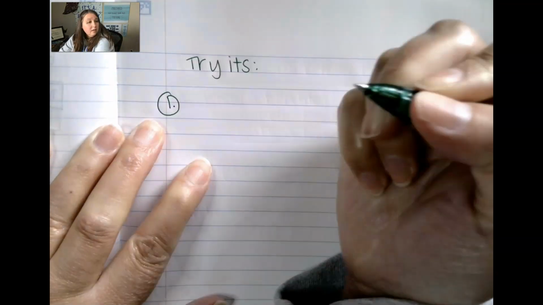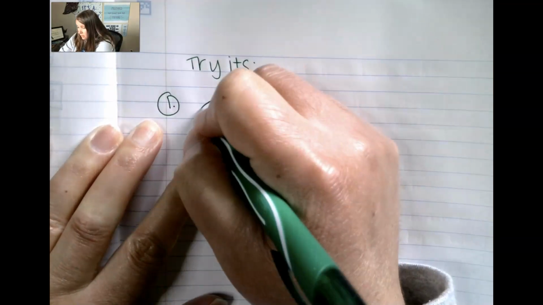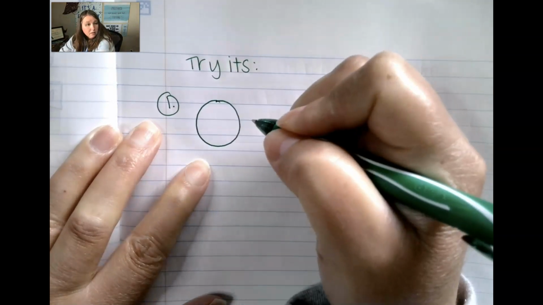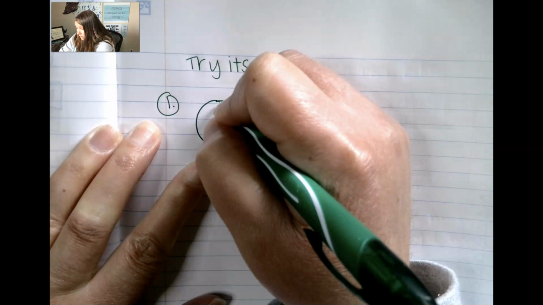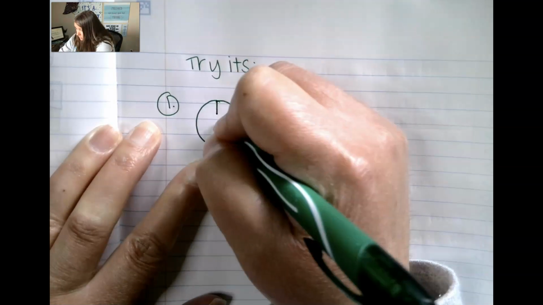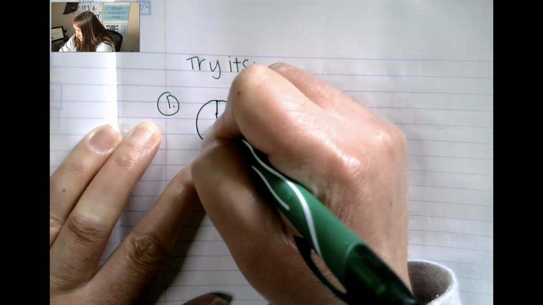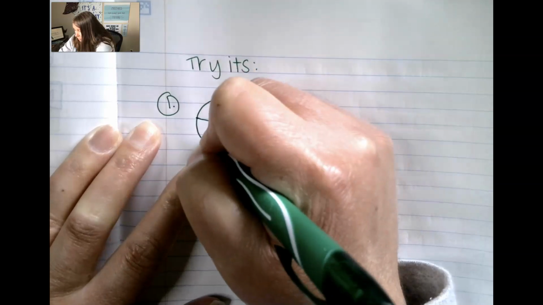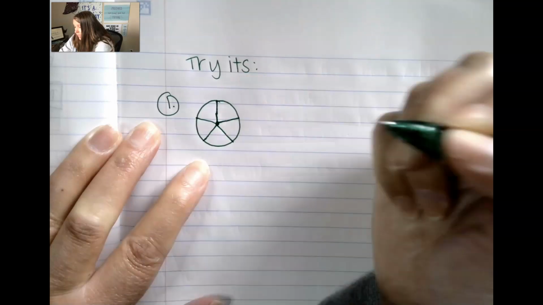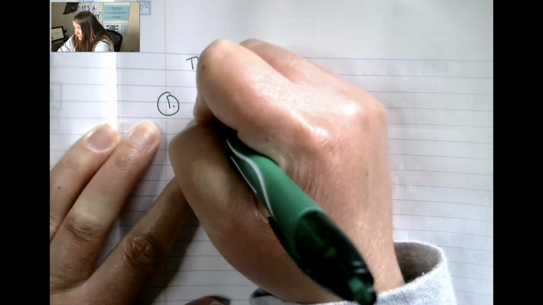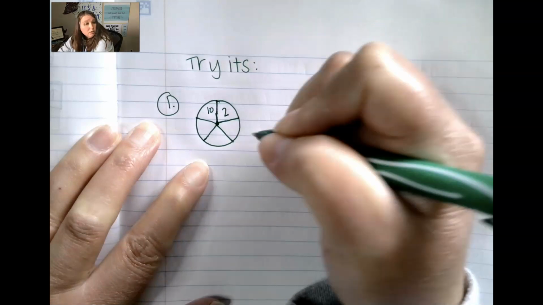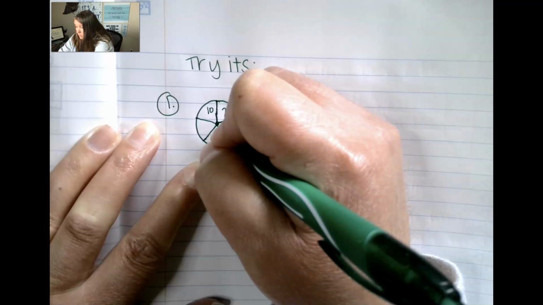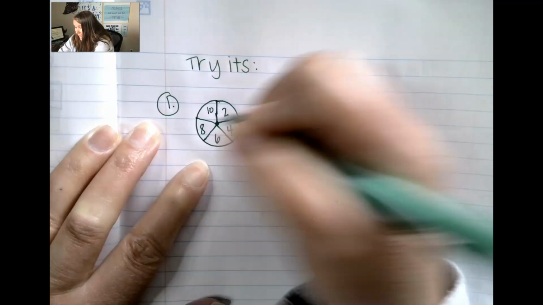Number 1, you have a spinner that looks like this. So here's the middle. It has 5 equal parts to it, and in the equal parts, there's a 10, a 2, a 4, a 6, and an 8.